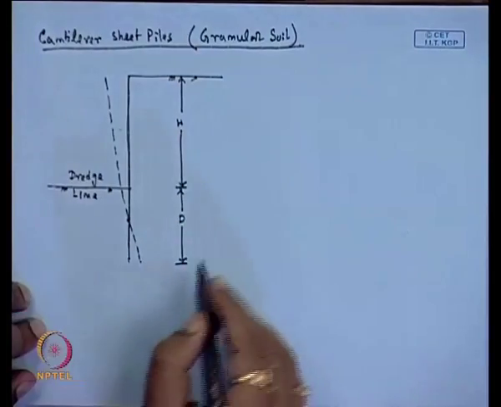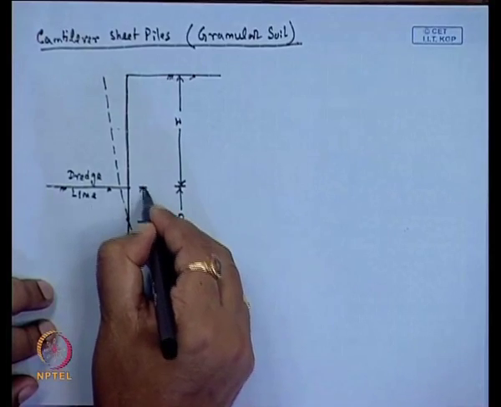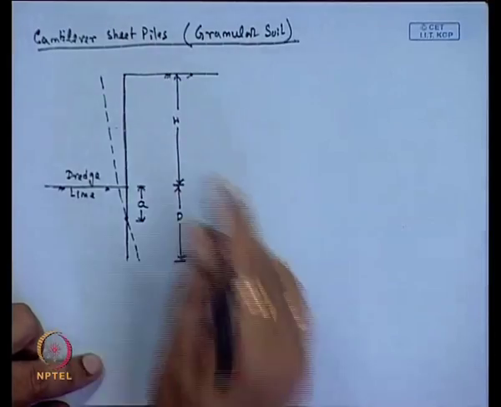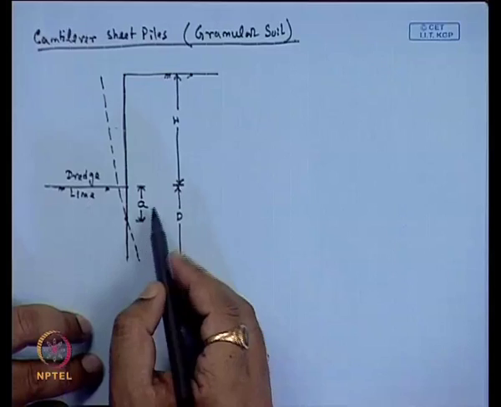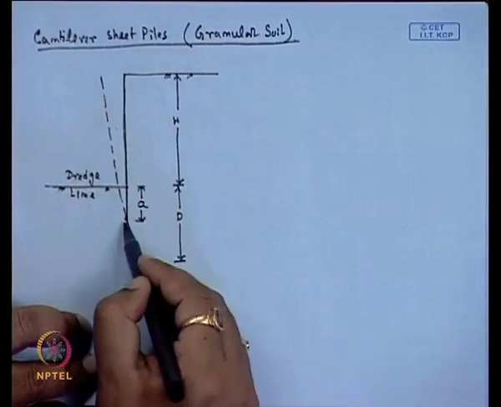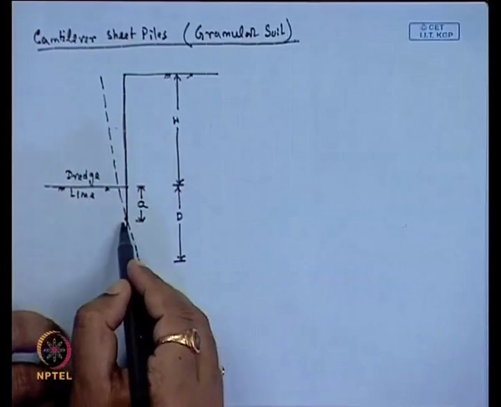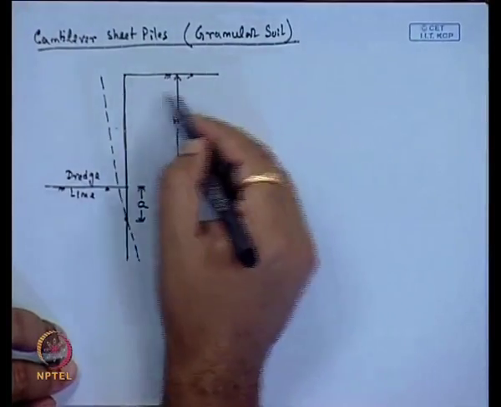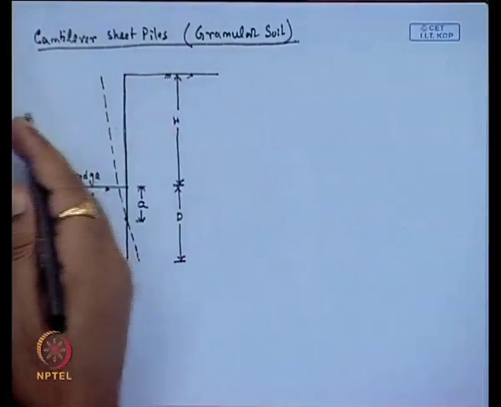Now, from this deflection pattern, say this distance is A from the dredge level. We can say that from the top of the sheet pile up to this point there will be active and passive pressure acting. If I consider the two sides of the retaining wall, this is the right side and this is the left side.